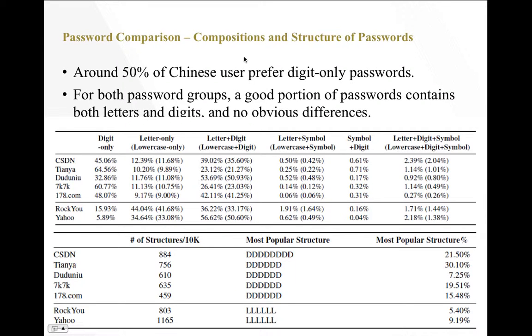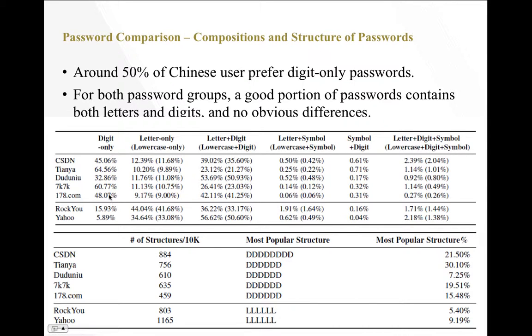The next metric is the composition and the structure of passwords. From this table, we can see around 50% of Chinese users prefer digit-only passwords. Passwords can be divided into small subcategories by their compositions, like digits only, letter plus digit, letter plus symbol, symbol plus digit, and letter plus digit plus symbol.